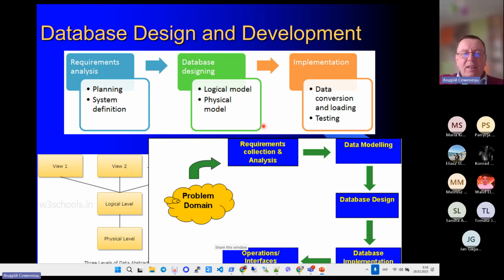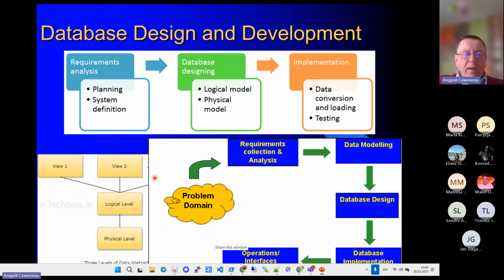Then comes developing the design of the database. First of all the logical model of the database, which has to depict all entities and their components, their attributes, for all views.